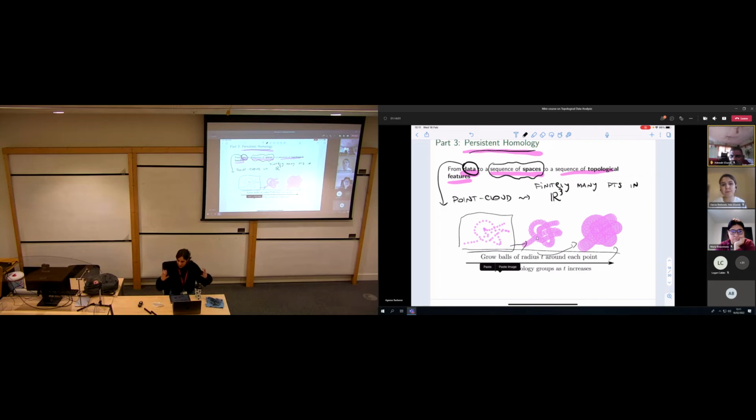At each step in this filtration, I want to compute homology, and then the topological fingerprint of my initial point cloud is going to be the sequence of homology features, of the Betti numbers, I computed. Is the pipeline idea clear, or is there any question?